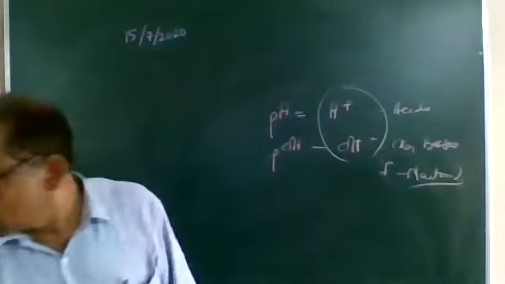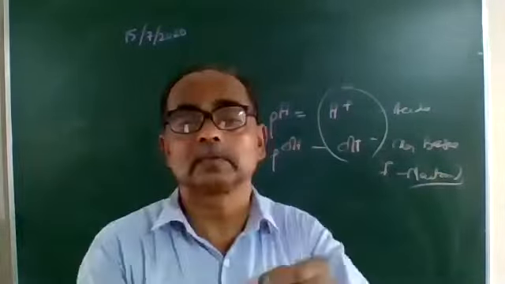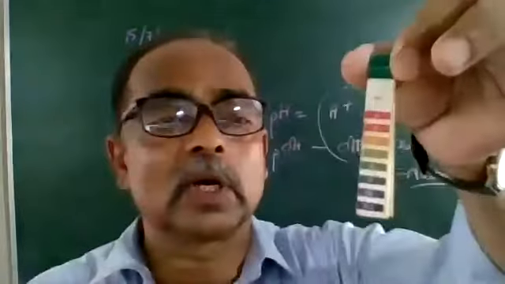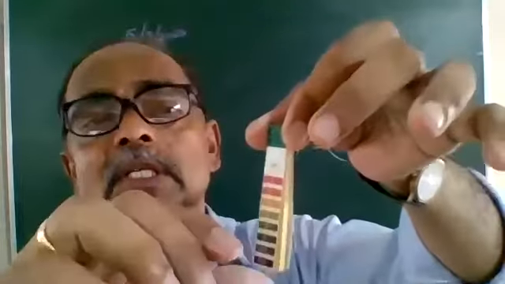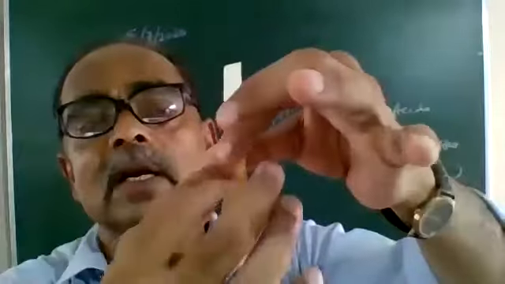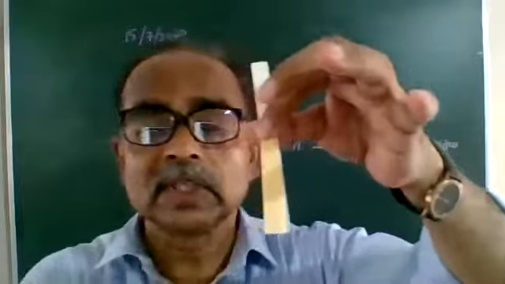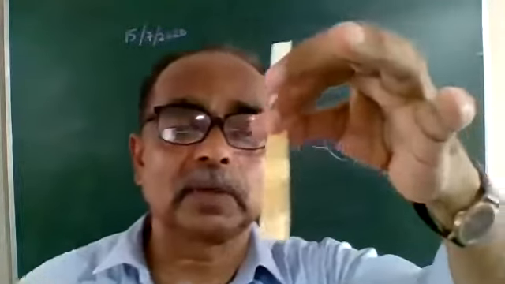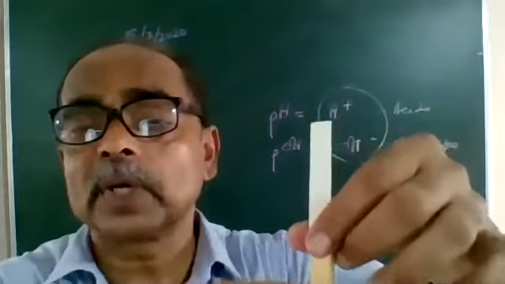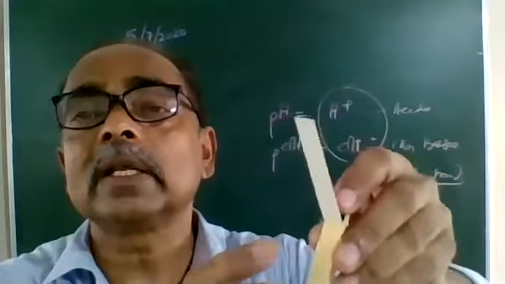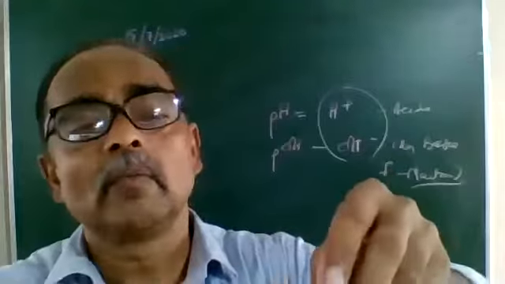Now, I brought this pH paper for you all to see. You all can see this is a pH paper. This is a chart and this is the color of the pH paper. The experiment is very simple. You take the solution, put it onto the pH paper, immediately its color changes, and you match it with the chart.